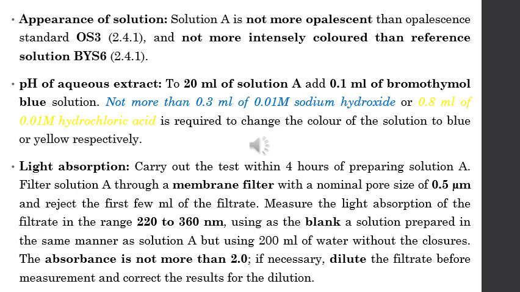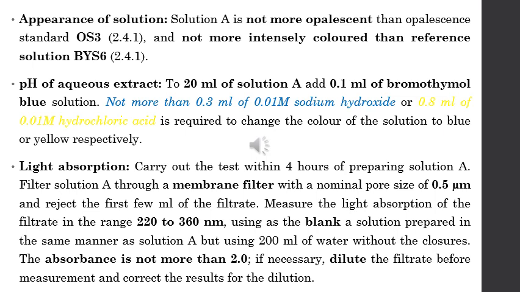So the amount of 0.001 molar sodium hydroxide required should not be more than 0.3 ml, and the color change is to blue. And if you are titrating it against hydrochloric acid 0.01 molar, the volume required should not be more than 0.8 ml, and the color change is yellow.